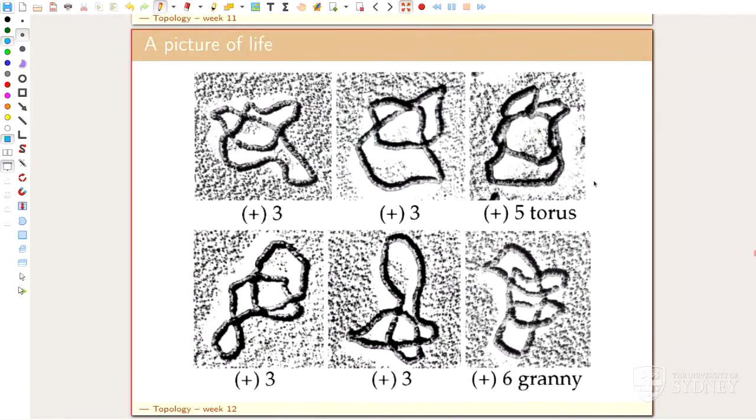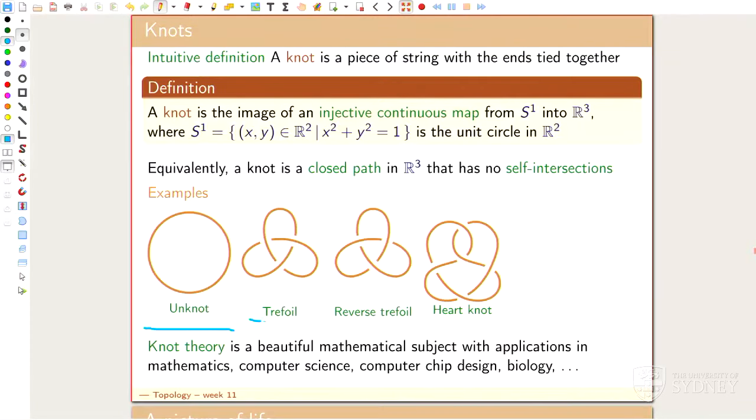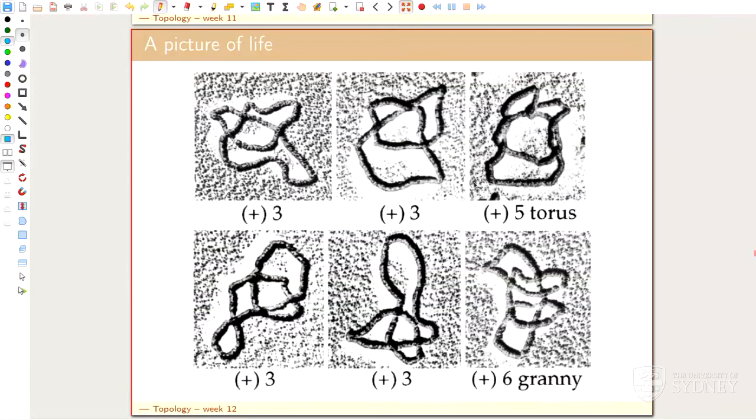So here, they come up in biology. So it turns out that DNA, so there's the pictures of DNA, and what you read below is the name for the knot you see. So the 3-1 is this guy here. And the other ones, we will see them anyway. So DNA likes to form knots.